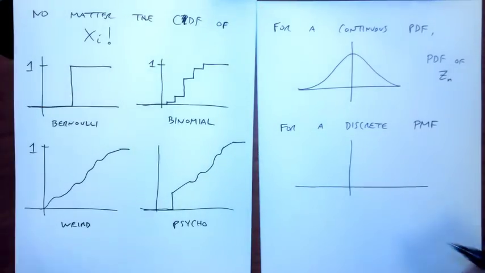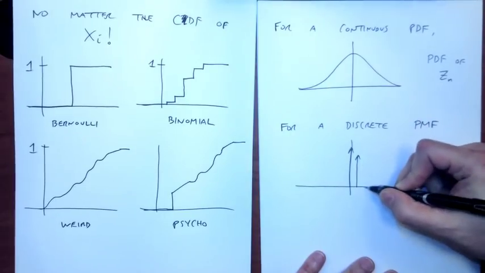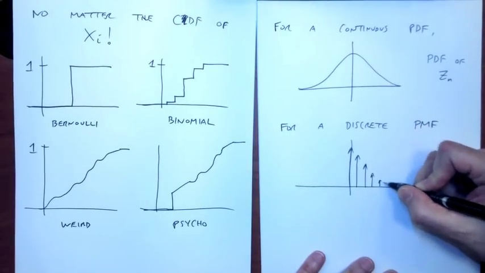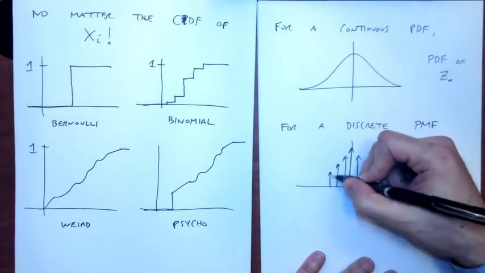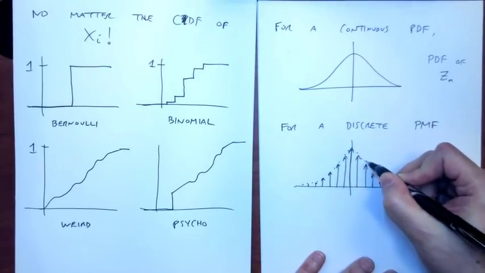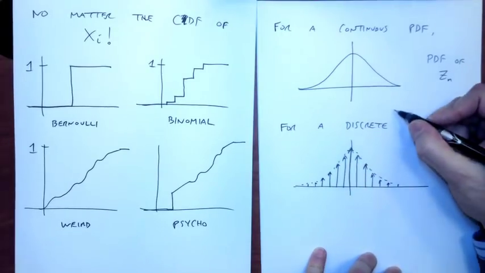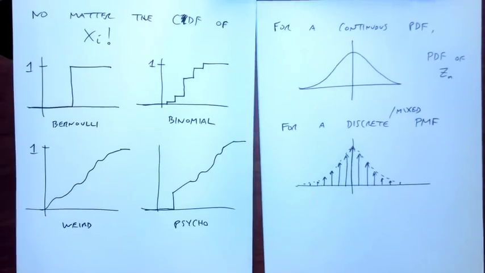So what you'd see with a discrete PMF might be a bunch of impulse functions, a PMF that if I were to draw the line, would look like a Gaussian. You'd probably get something like this with a mixed half continuous, half discrete kind of thing.